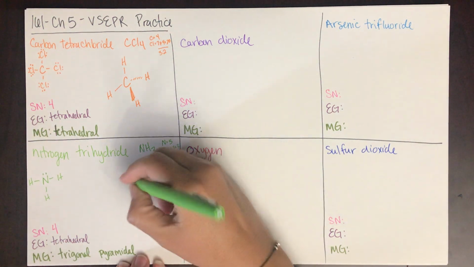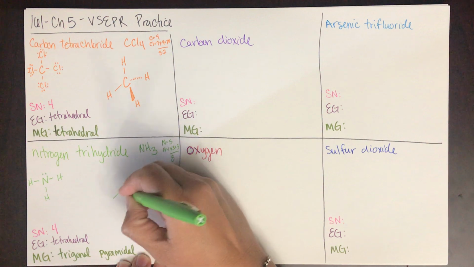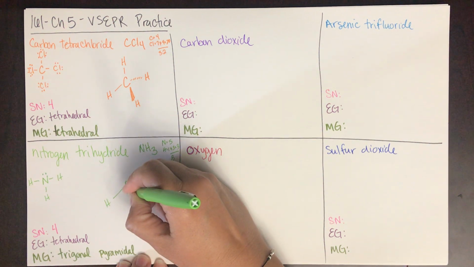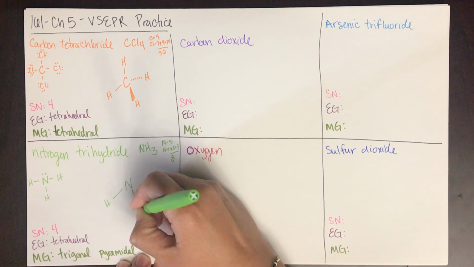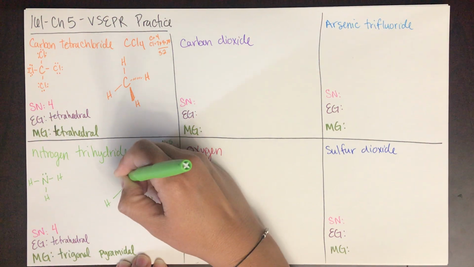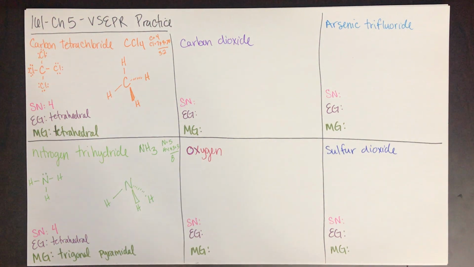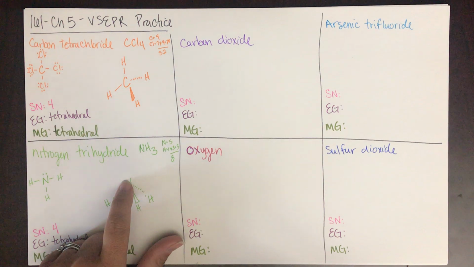It would look like this, where here's the nitrogen, and then it kind of looks like a pyramid, where these would be the 3 legs of the pyramid. And then we would have the lone pair of electrons here on the central atom. It is not wrong for you to show the electrons in the molecular geometry. It's just not needed.